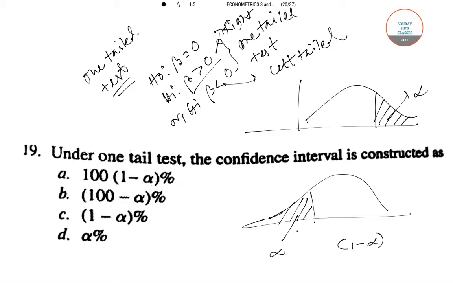Then the right option is 100 times 1 minus alpha percentage. No matter whether it is a two-tailed or one-tailed test, the confidence interval remains 1 minus alpha times 100 percent. So, this is the correct answer.